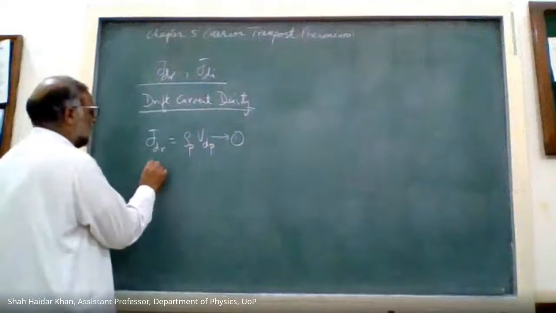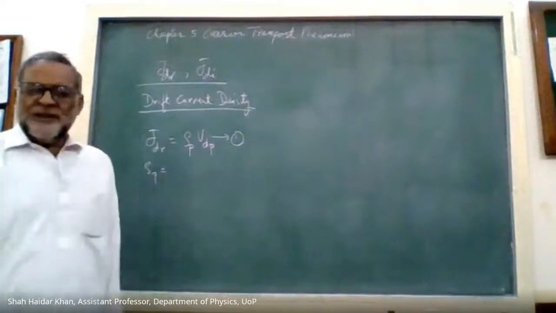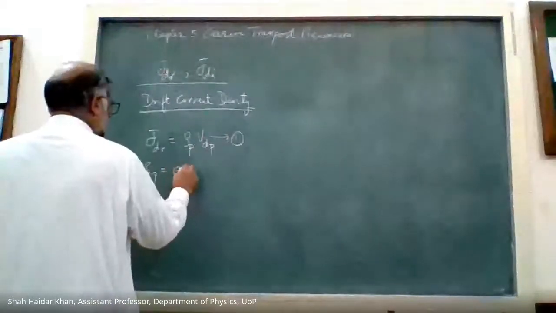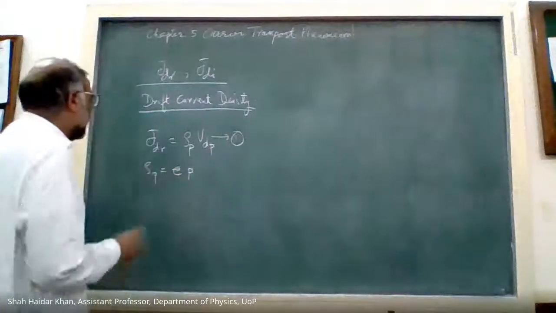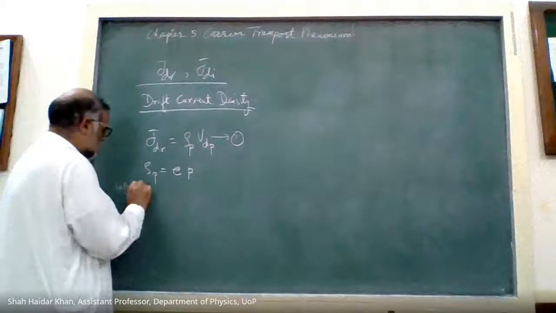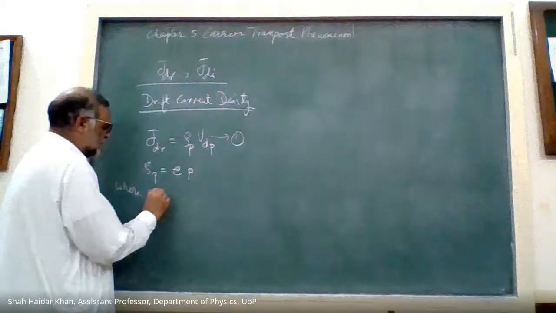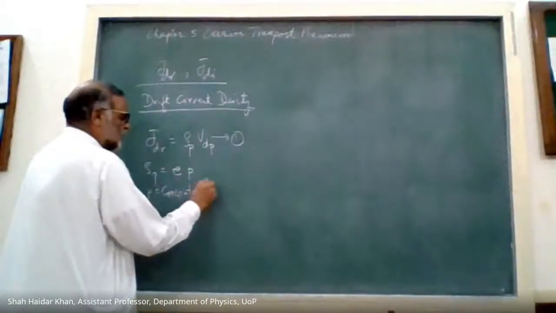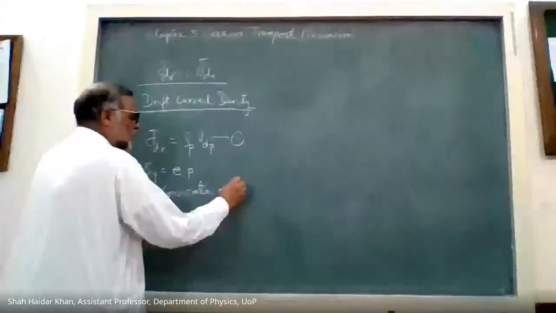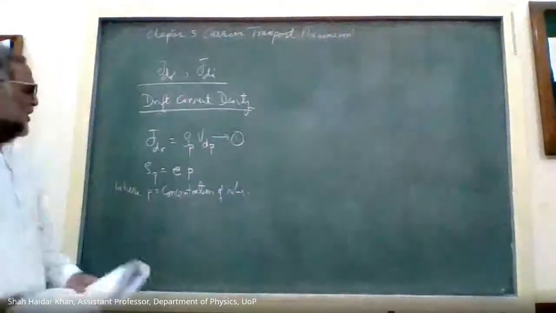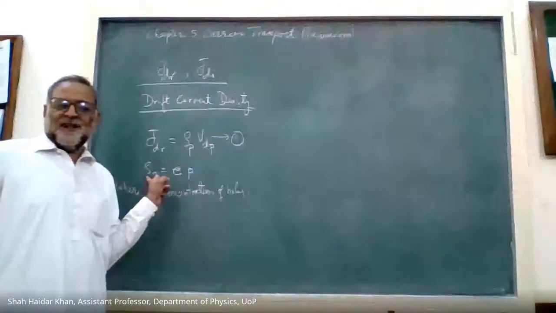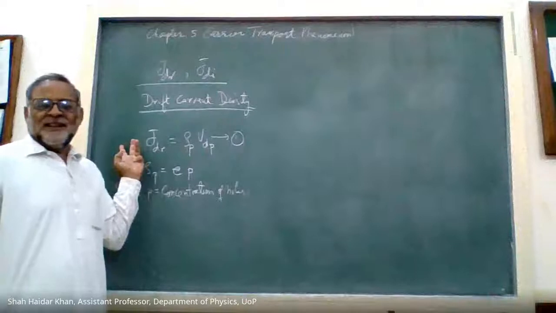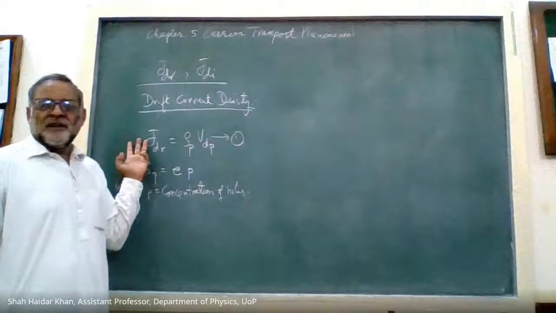Now, this rho_p, the hole density, is like e p. So here p is equal to the concentration of holes, right? So that is the density of charges now. The density of charges and the speed, this gives rise to, that is the definition of current density.